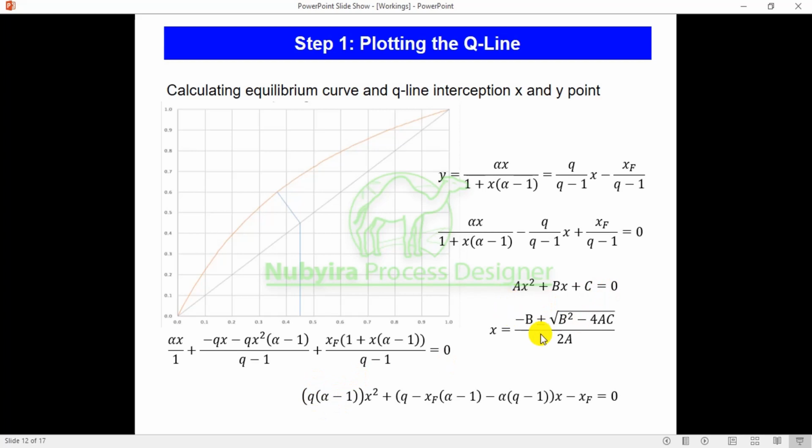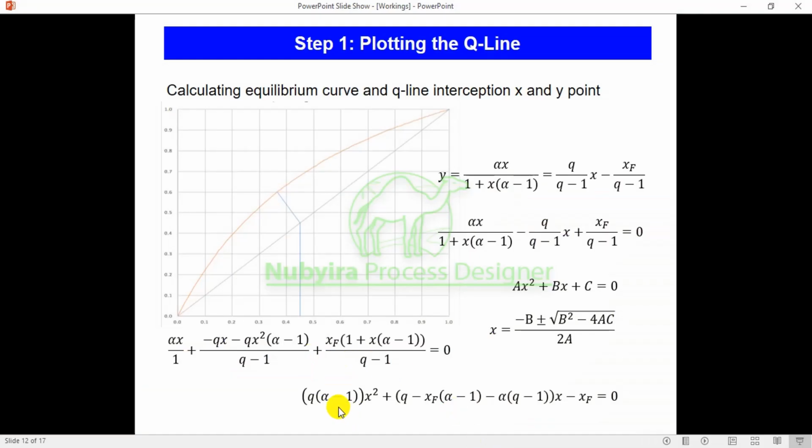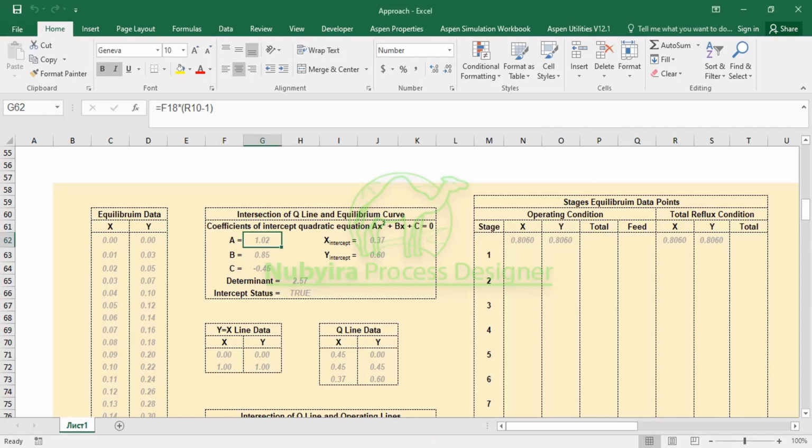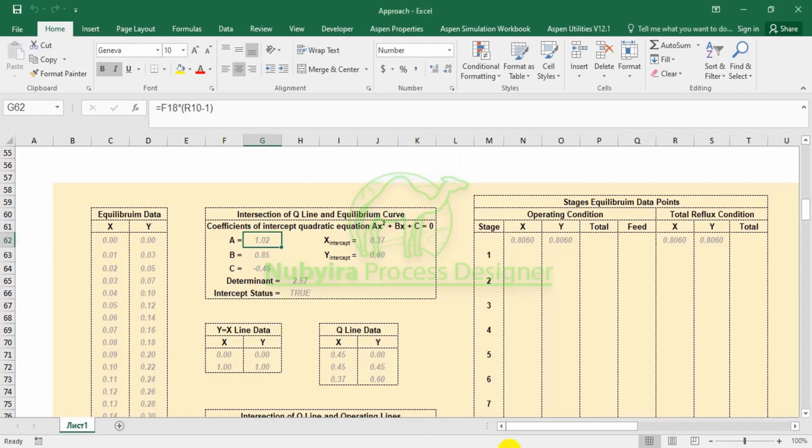To illustrate this in Microsoft Excel, this is the section where I'm doing the general formula calculation. You can see my a is this value that I just explained, q alpha minus 1, and this is my b.